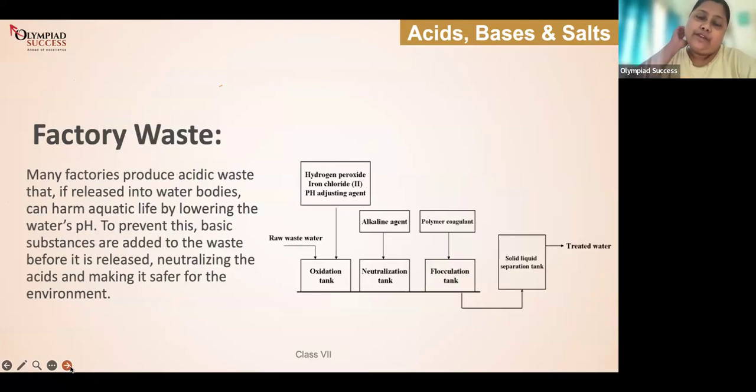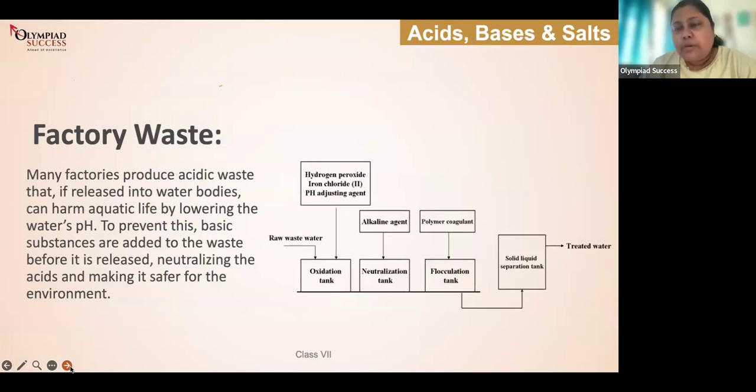Now moving on to factory waste. This is also a very normal phenomenon that we were discussing, that anything that comes out of a factory should be treated. Factory waste has a lot of acid components in it.